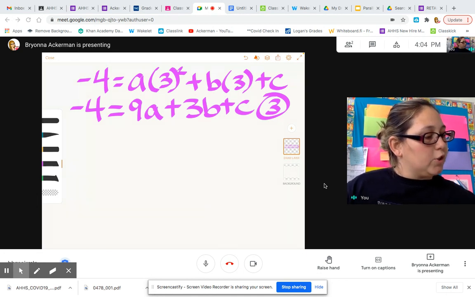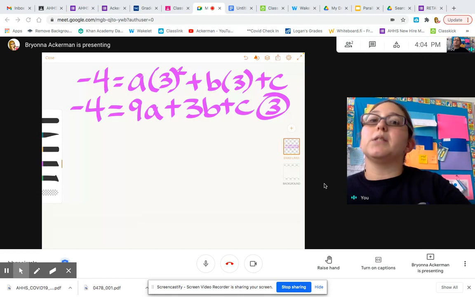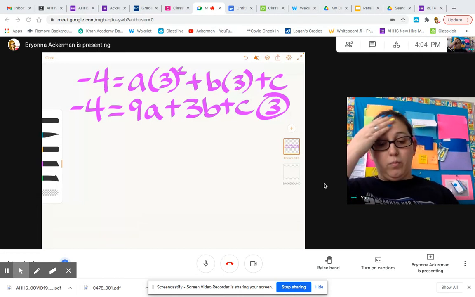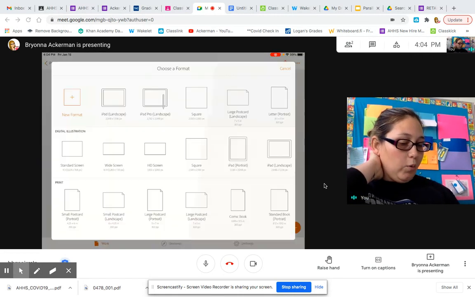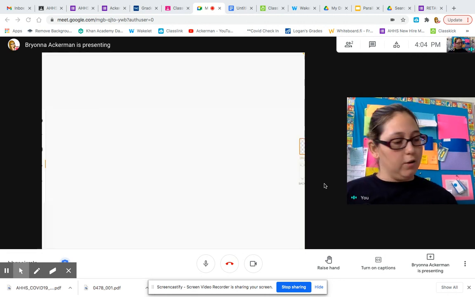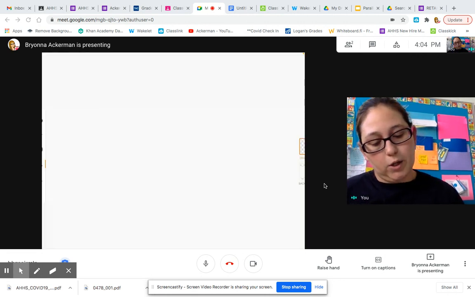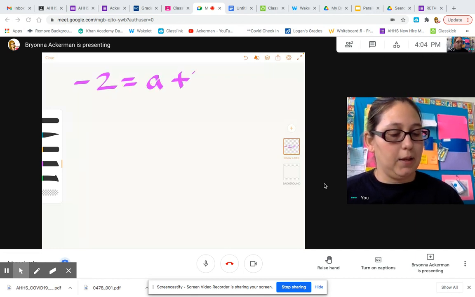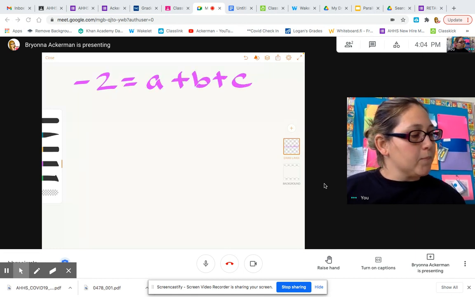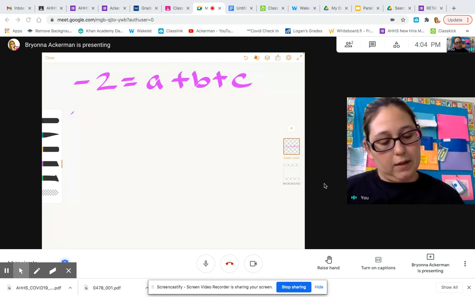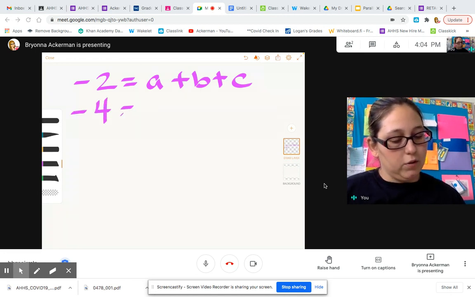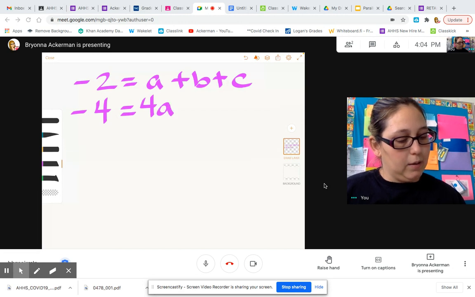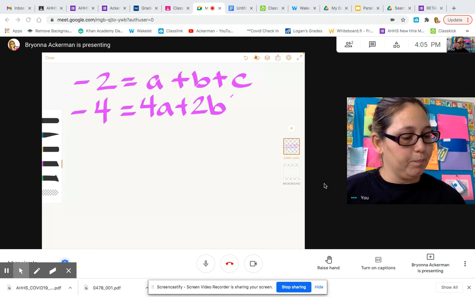Now you want to use the elimination process from equations 1 and 2. Equation 1 was negative 2 equals a plus b plus c. And then equation 2 was negative 4 equals 4a plus 2b plus c.